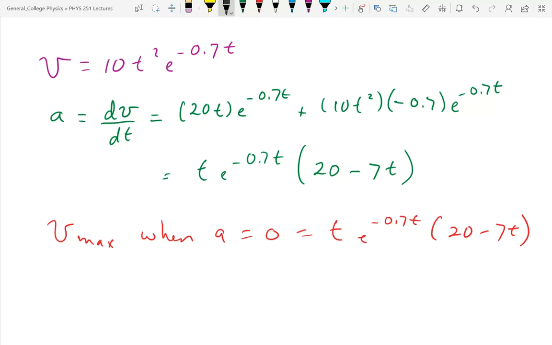How many solutions do you see for acceleration equaling 0? There's 20 over 7. Okay. This equation, the acceleration is 0 when 20 minus 7t equals 0. So t is equal to 20 over 7. That's what you said, right? Yeah. Okay, so that's one solution, but there's more solutions.